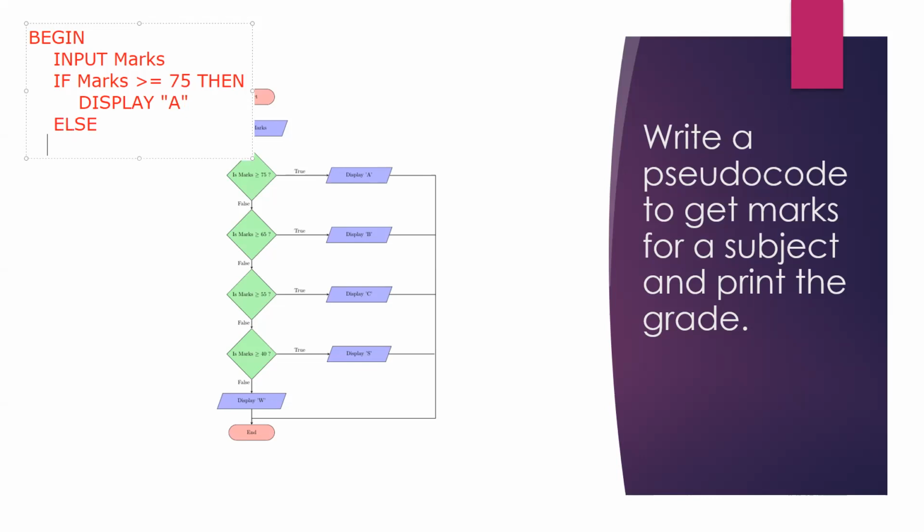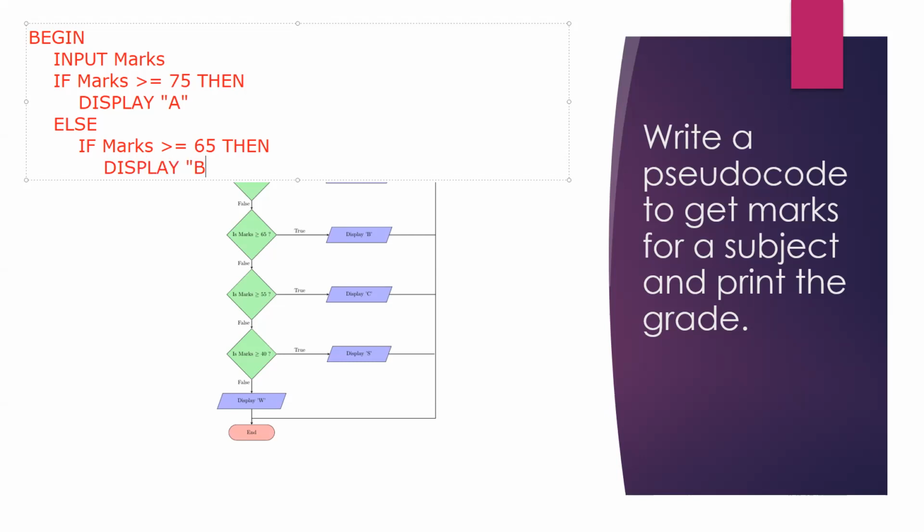Else, okay, another if. It's inside this if, right? Remember, it's inside this if. Now this time you are checking whether marks is greater than or equal to 65. Yes, 65. If that is the case, we are going to say display B.